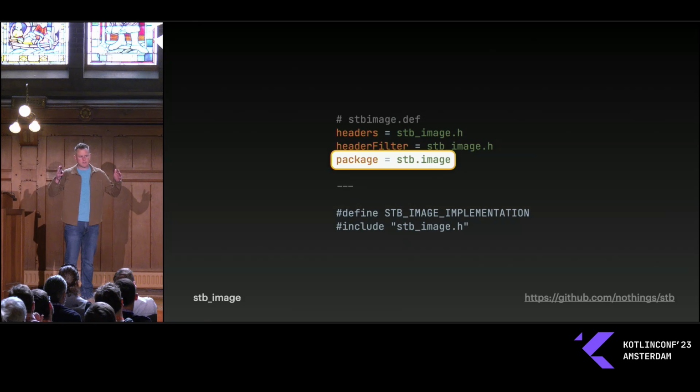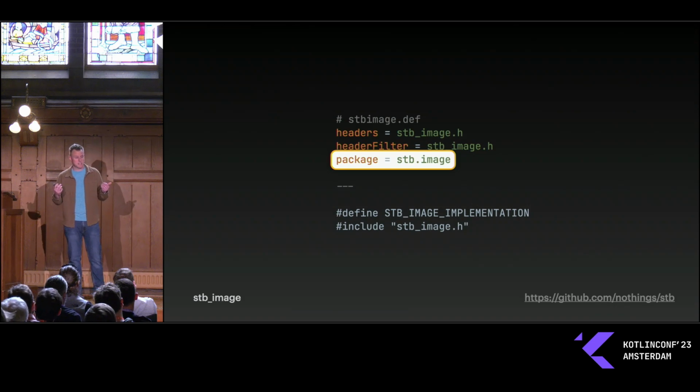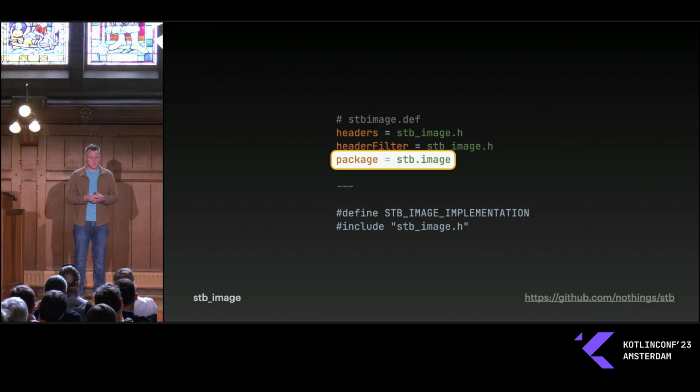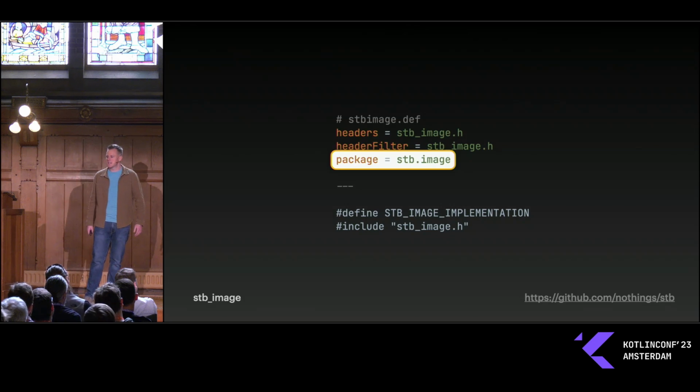C doesn't really have namespacing, but in the JVM world we use packages for namespaces. This just lets the C interop tool know, when it creates the bindings for the public API in this header file, what package it's going to be under.